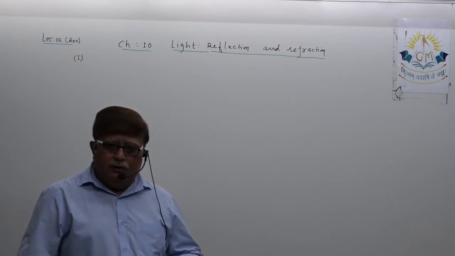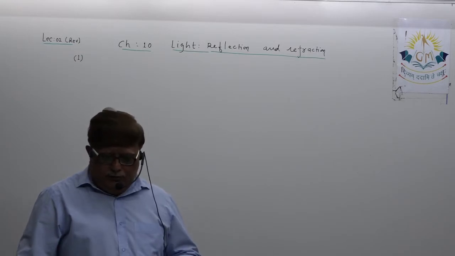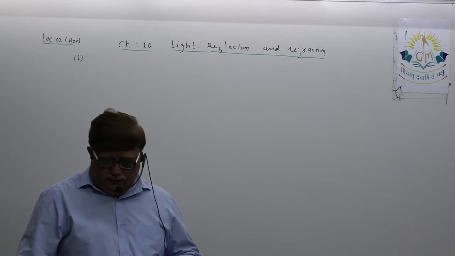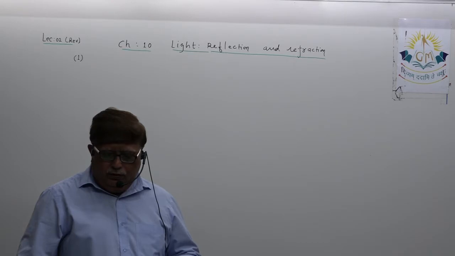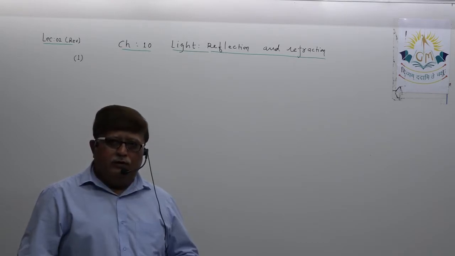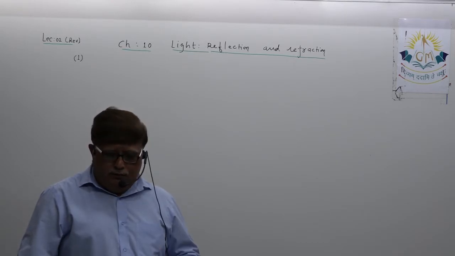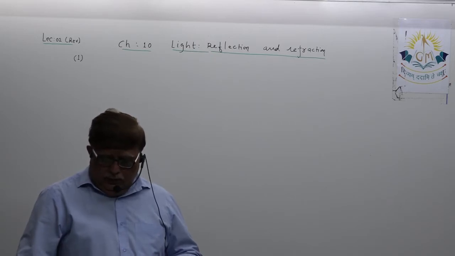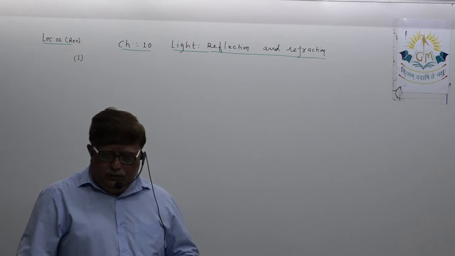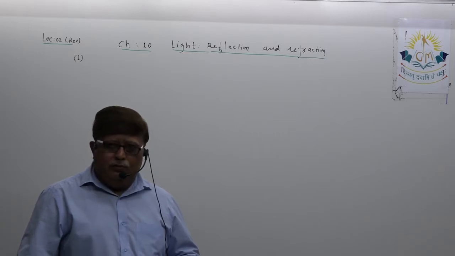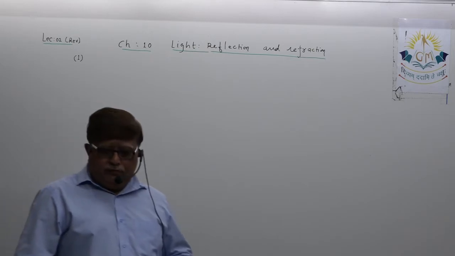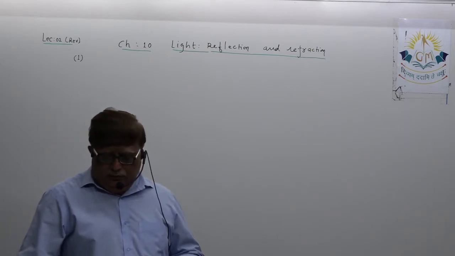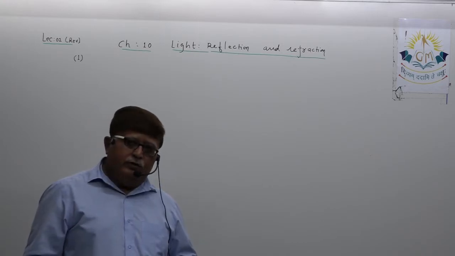You are already given the object distance, 25 centimeter, from the mirror of focal length 15 centimeter. You are given the focal length. At what distance from the mirror should a screen be placed in order to obtain a sharp image? Also find the nature and size of the image.